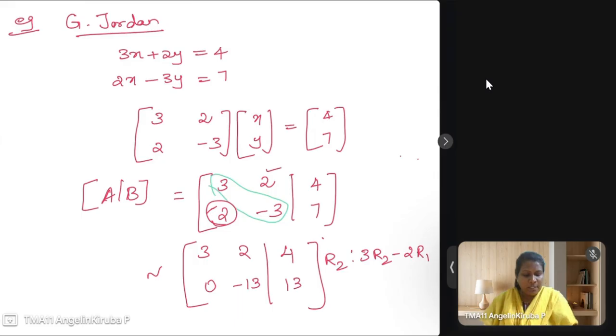Now we have to make this 2 equal to 0. Again, no other option. We have to do it with this R2 only. So I'm going to cross multiply this.